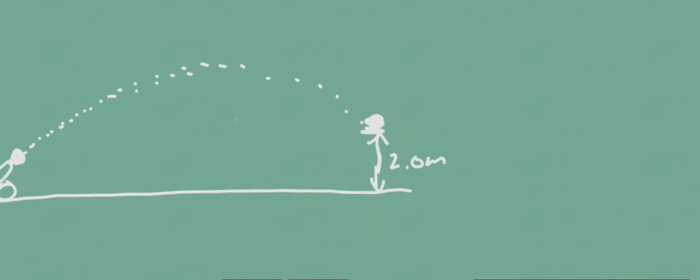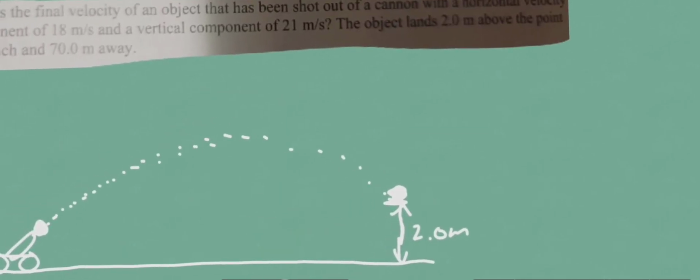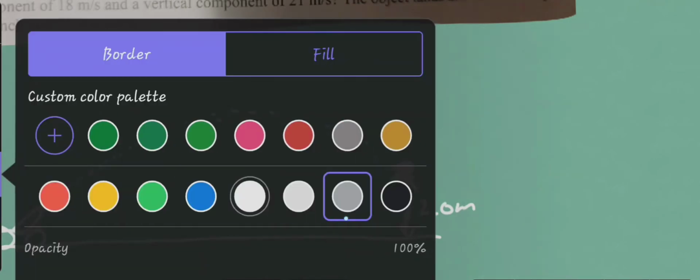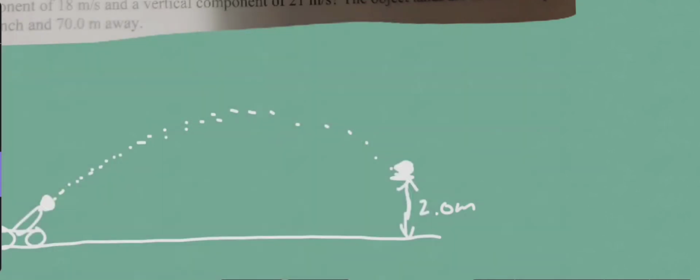And so we want to know the final velocity. Well, first of all, the initial velocity is right here. Let's go to a different color. That's the initial velocity.